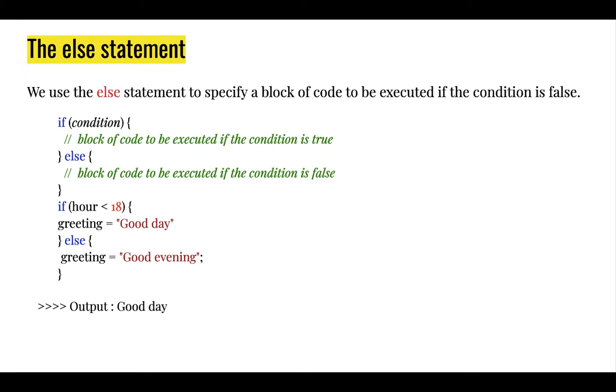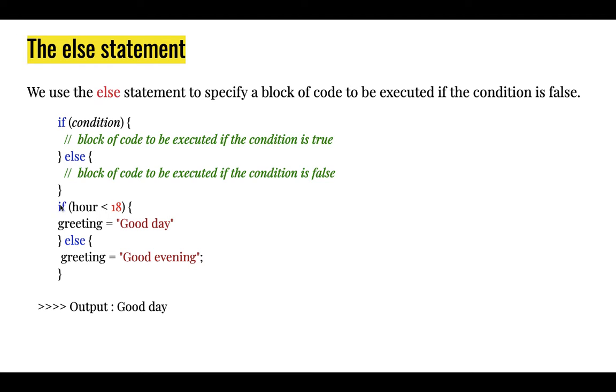We use the else statement to specify a block of code to be executed if the condition is false. So let's say hour is equal to 20.